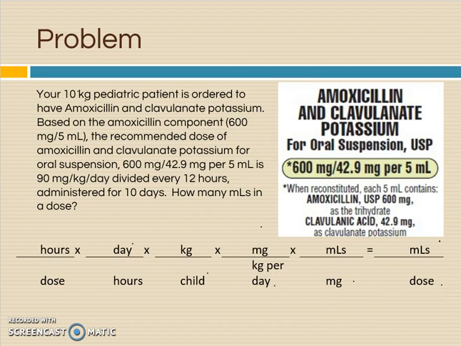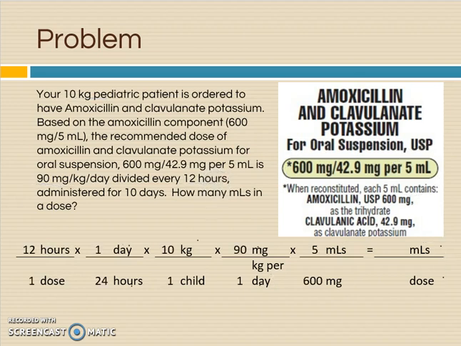Here's the setup. We're looking for mils per dose. Here it is. Mils in a milligram. Milligram is here. Mil is here. Milligrams per kilogram per day comes from there. Kilogram of child comes from here. Days and hours, you know that there are 24 hours in a day, and hours in a dose, there are 12 hours between doses.